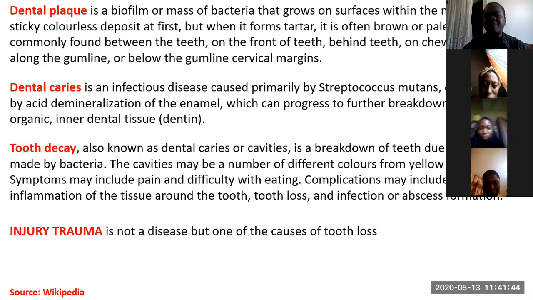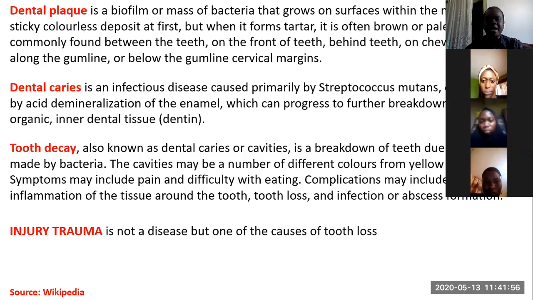We have the dental plaque. The dental plaque is a biofilm. It covers the mouth and looks like a milky color, and bacteria hide there. When bacteria hide there, they begin to eat and eventually damage the teeth.